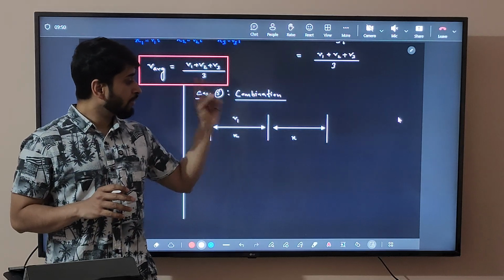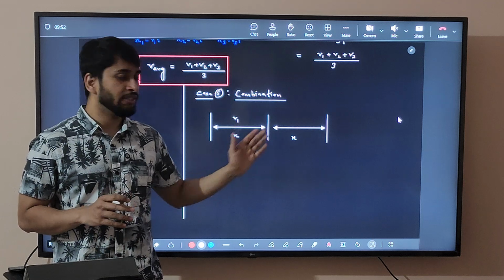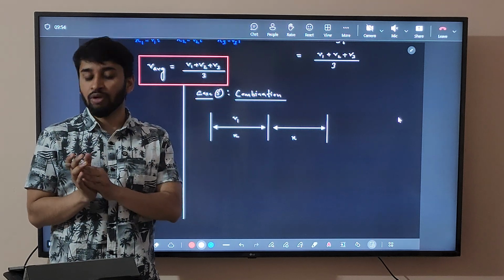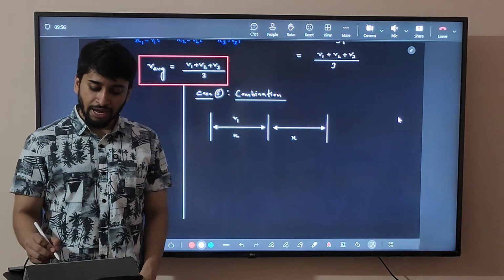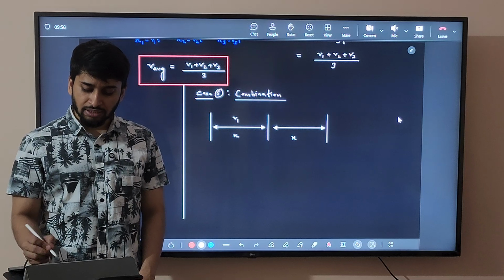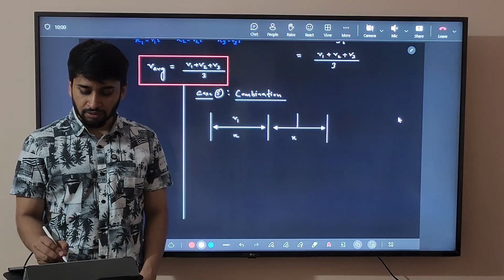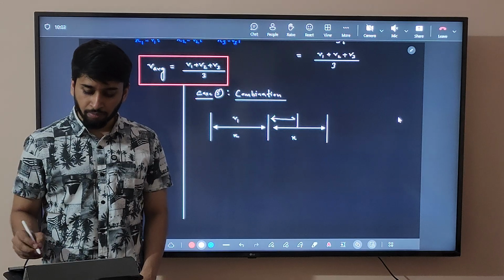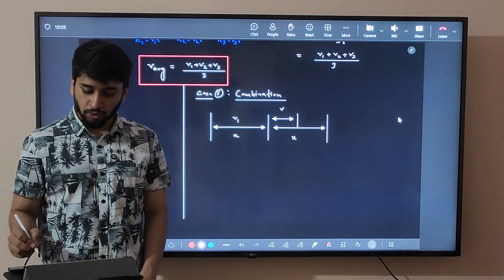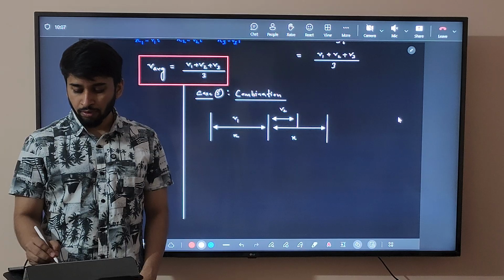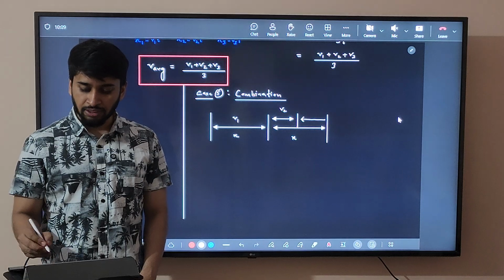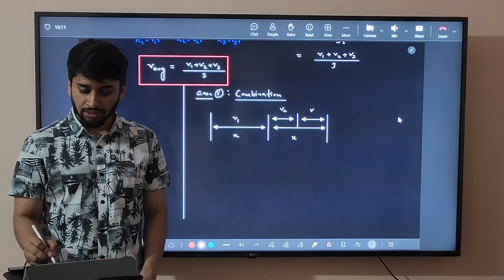Instead, we divide the second half distance into two equal time intervals, such that in the first half of the time you travel with speed v2 and in the second half of the time you travel with speed v3. So that's the case.